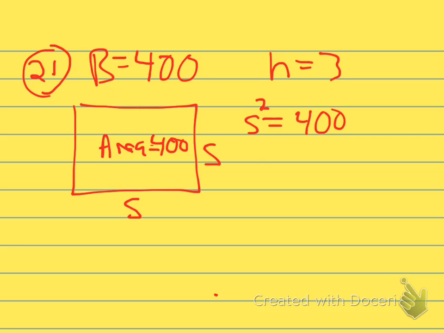Taking the square root, the square root of 400 is 20. We now have our side lengths. That means the perimeter of our base, if we need that somewhere, is 4 times 20, 4 sides 20 each, which is 80.